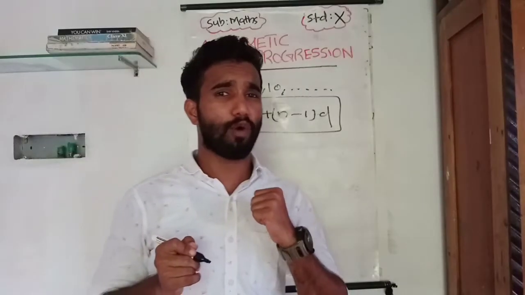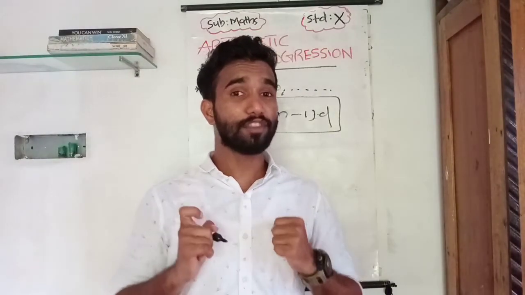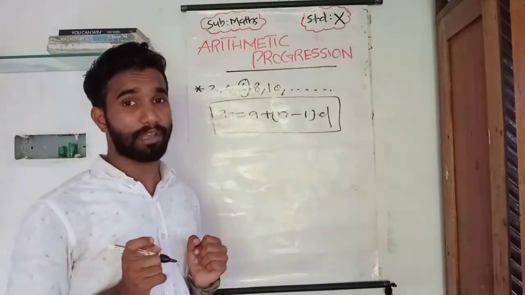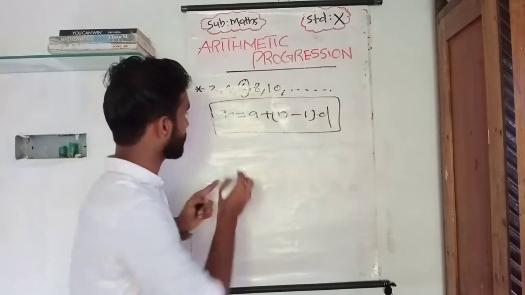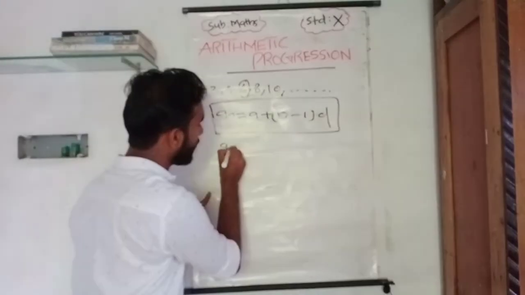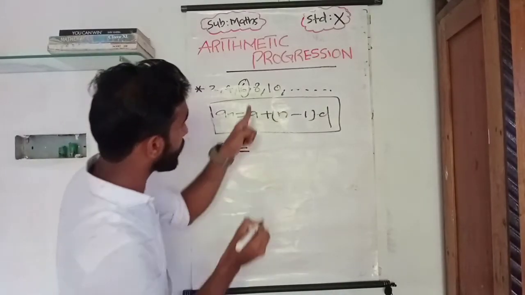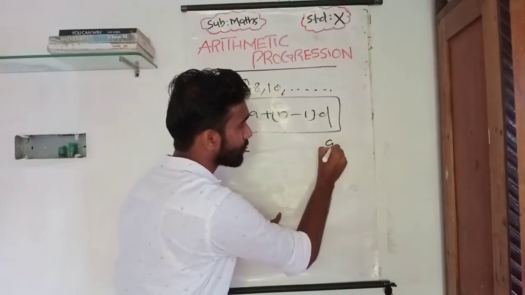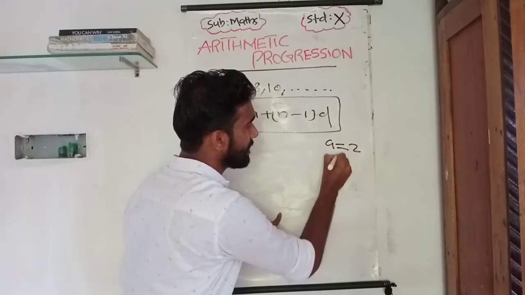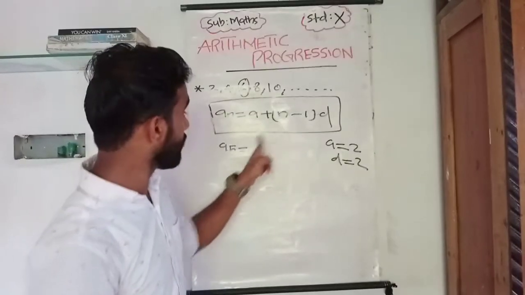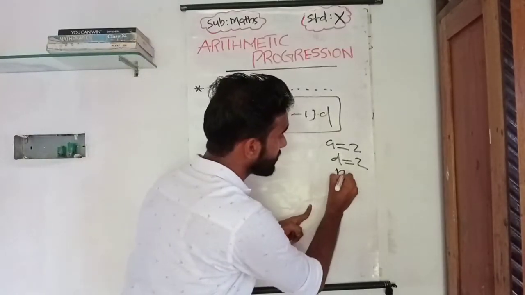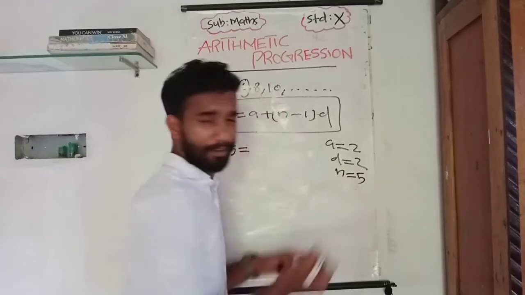Now we have to find out the fifth term of this arithmetic progression using this formula. Okay, we will see. a5 is equal to, here a is equal to 2, d is equal to 2. We have to find the fifth term, so n is equal to 5.